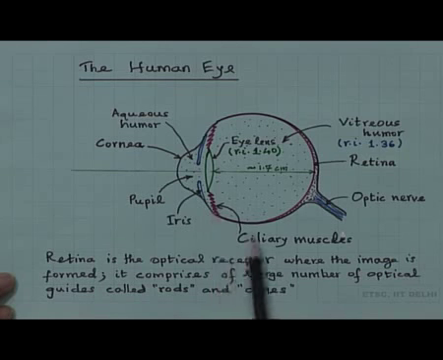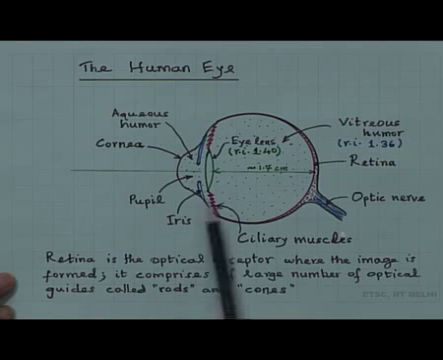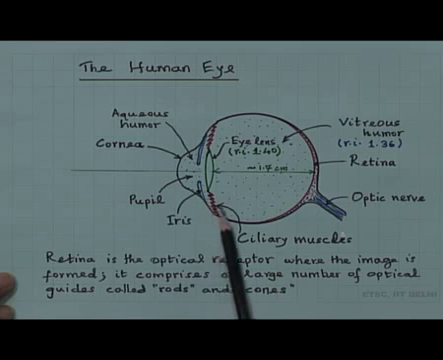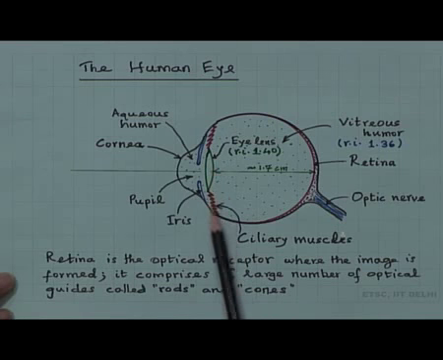An important component here is the ciliary muscles, which are attached to the eye lens. These muscles can stretch or compress, which will pull the lens and also stretch the lens.